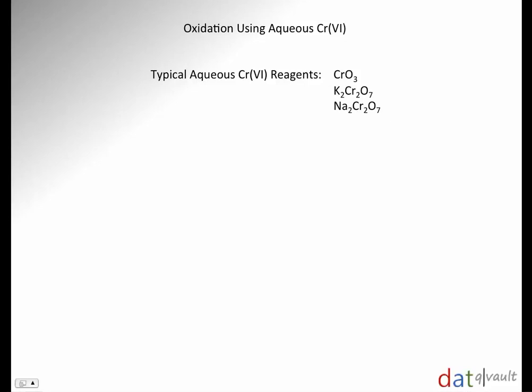All right, first let's focus on oxidation. We can do this using aqueous chromium-6 reagents. Typical aqueous chromium-6 reagents include chromium trioxide or potassium or sodium dichromates.